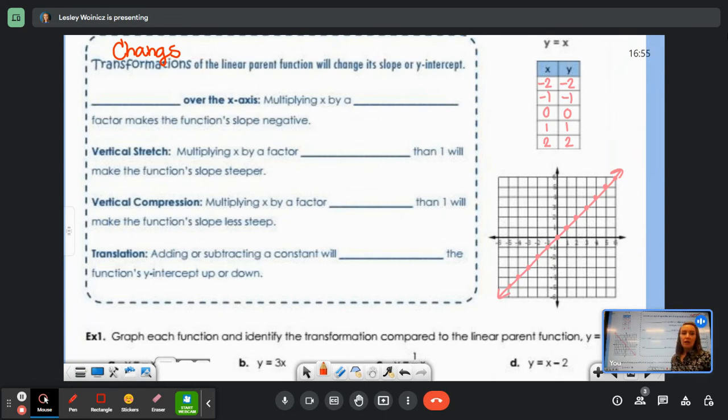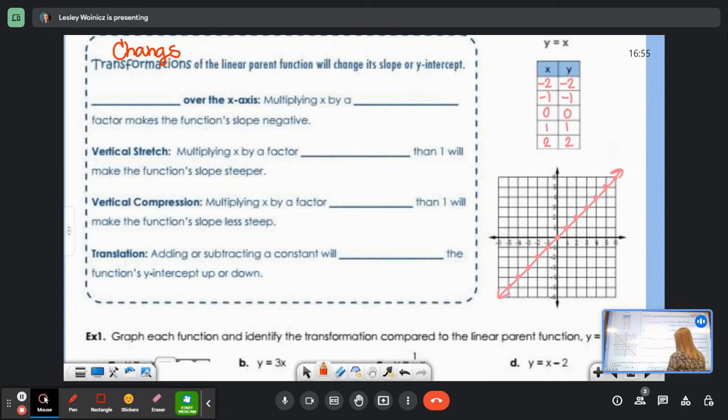There's only a couple things we can change about the linear parent. We can only change its slope, or we can change where it is hitting the y-axis. So that's its y-intercept. Those are the only things we can manipulate.